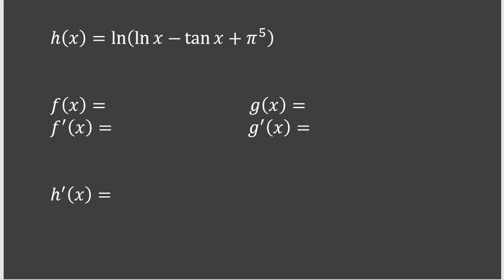What's f of x and what is g of x? Then find f prime and g prime, and then take these pieces and substitute them into the formula for chain rule. So pause the video, try this problem on your own, and once you think you have it, press play, and we will go through this problem together.